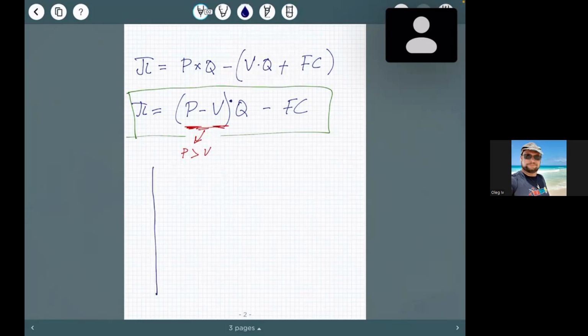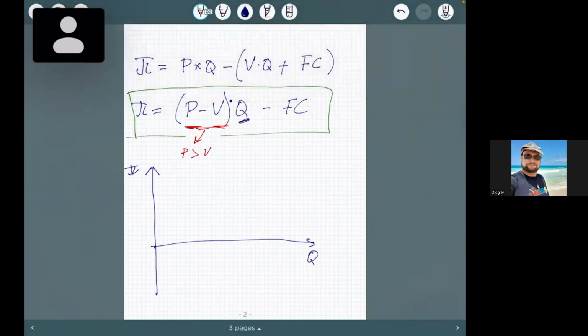So we will have quantity, and we will have profit. If your quantity is 0, that's where you start. If you put 0 right here, you have minus fixed cost. So your profit starts with minus fixed cost, and then your quantity goes up.